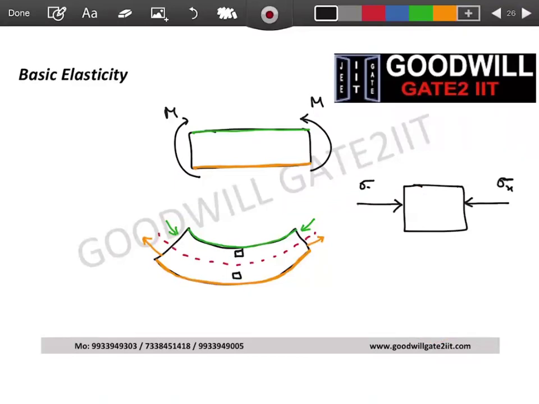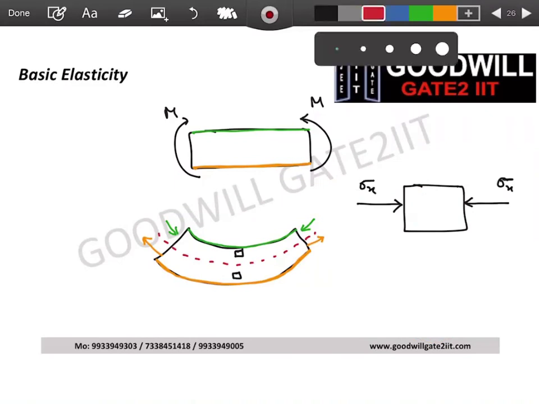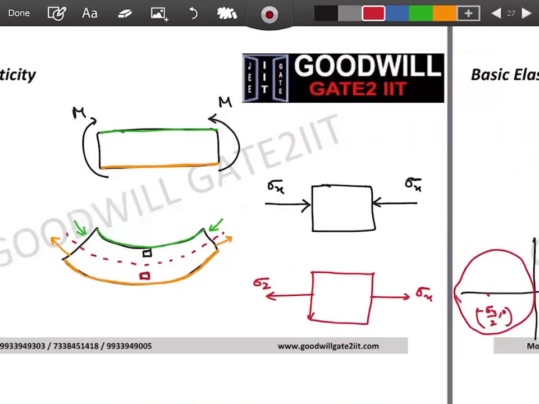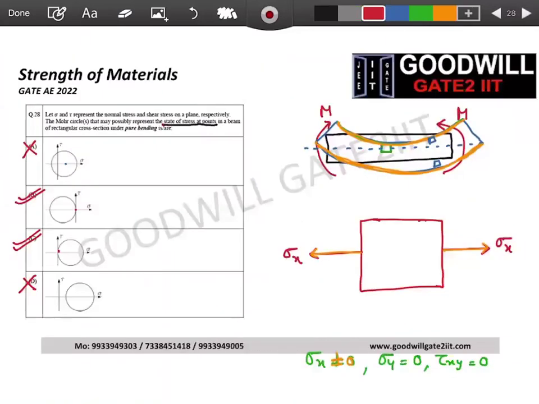Is this sigma x positive or negative here? It's negative. And if you take any section on the bottom, the normal stress will look like this, tensile and positive.